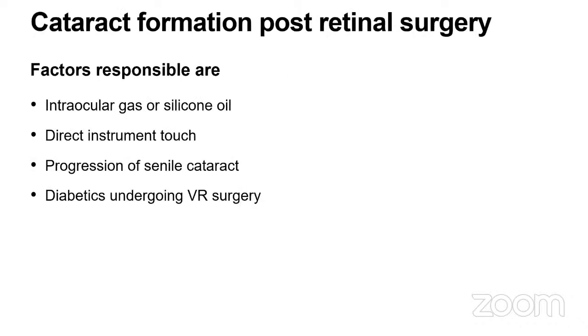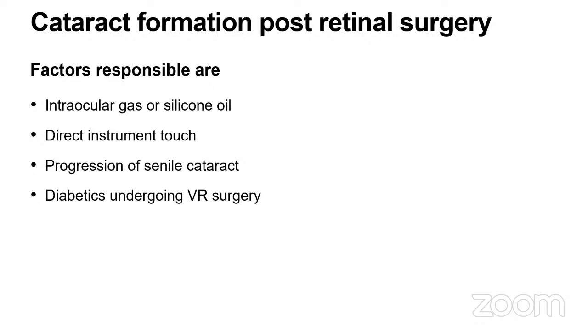So coming to cataract formation post retinal surgery, nearly 90 to 95% of the patients who underwent retinal surgery will develop cataract in their lifetime. The factors responsible are intraocular gas or silicone oil. The tamponade itself can cause cataract, because the silicone oil or intraocular gas may to some extent hamper lens metabolism, leading to the formation of cataract.